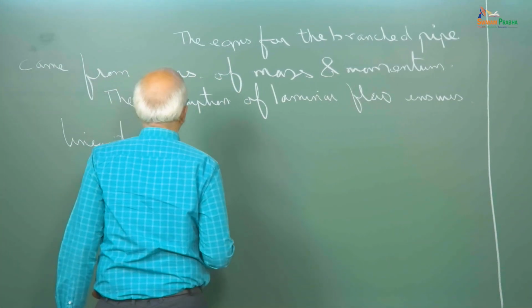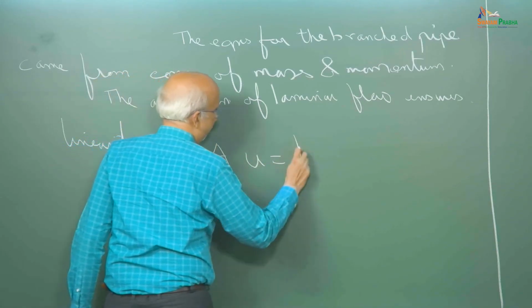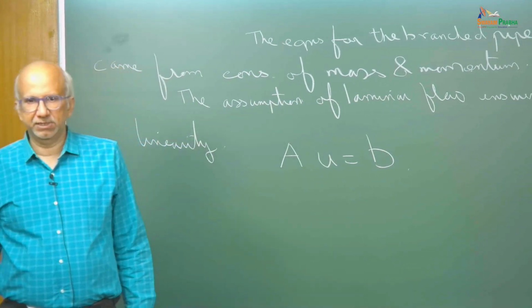And finally, we can write those equations in the form AU equals B, because of the assumptions we made.